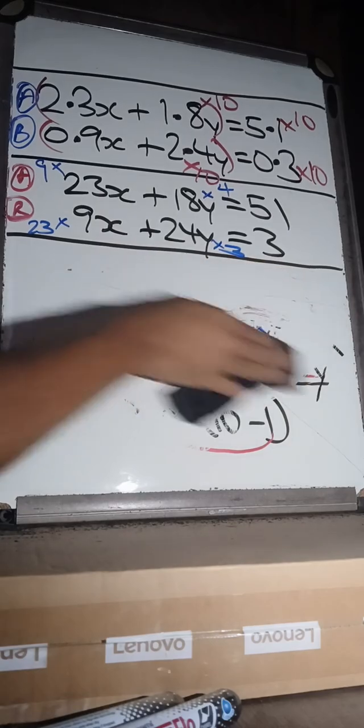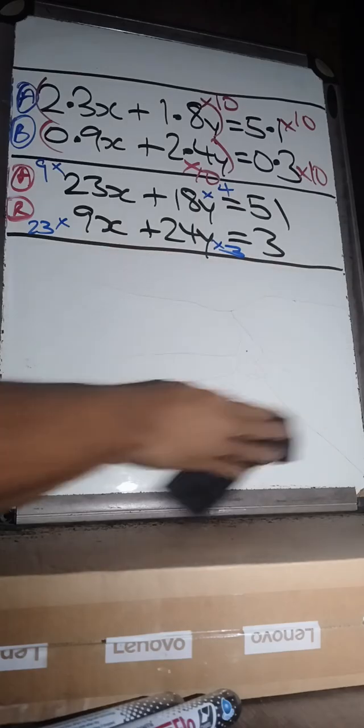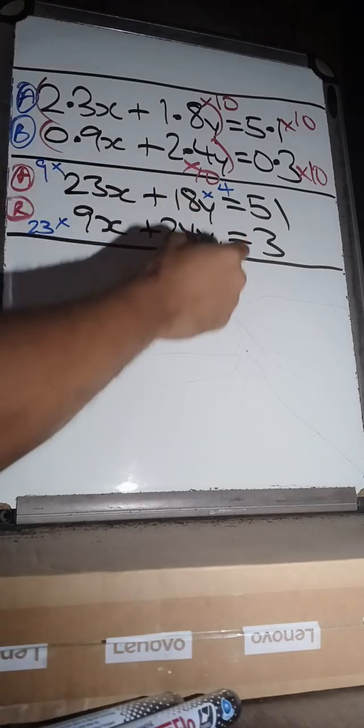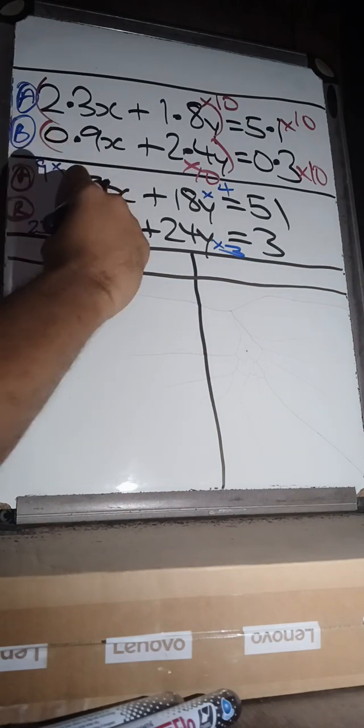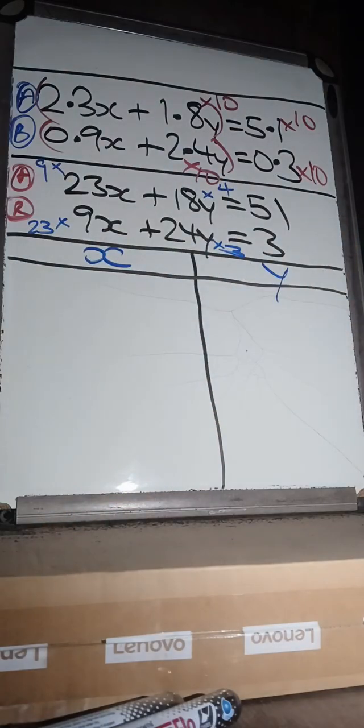So let's get rid of that. So we have the left side and the right, the X and the Y. So what we do to X on this side, what we do to Y on that side.